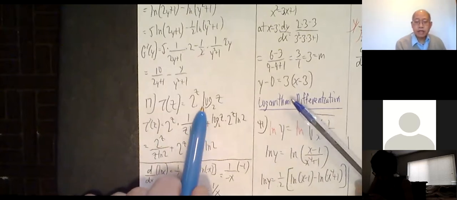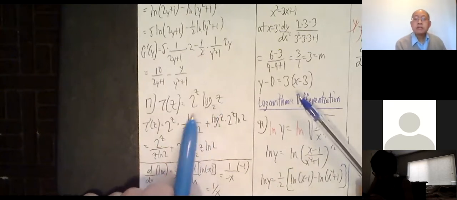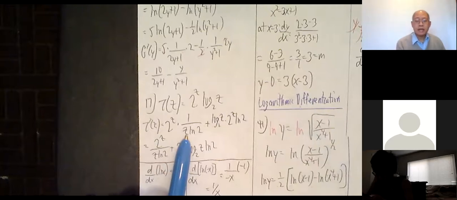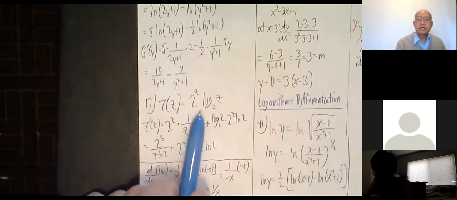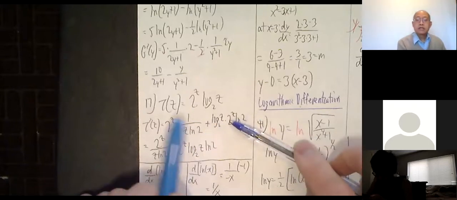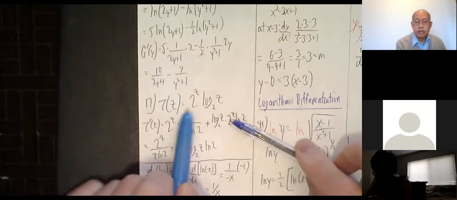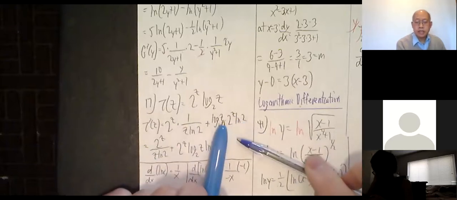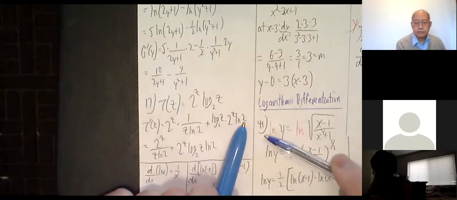So how do I differentiate log base 2 of z? 1 over z ln 2. Plus second function, log base 2 of z, times the derivative of the first. What's the derivative of 2 to the z? 2 to the z ln 2.